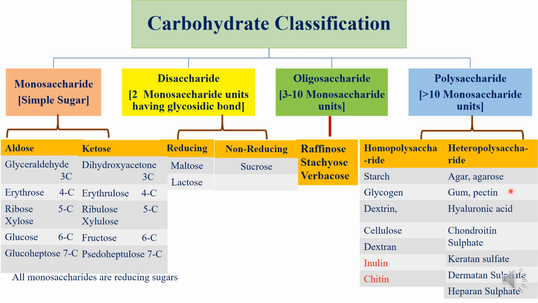Apart from these, the other examples that are of great medical importance are hyaluronic acid, chondroitin sulfate, keratan sulfate, dermatan sulfate, and heparan sulfate. All these molecules are examples of glycosaminoglycans, which have a very important role in our human body.